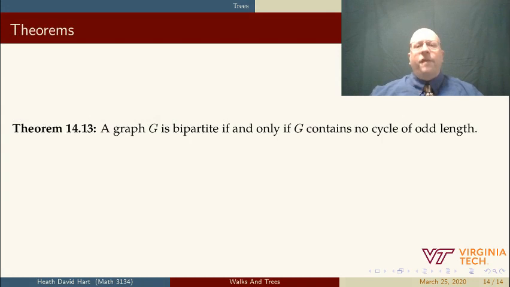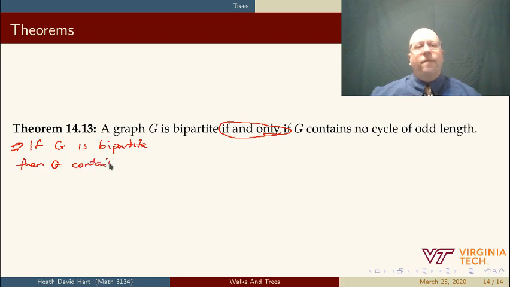We have a theorem that says a graph is bipartite if and only if the graph contains no cycle of odd length. So this is an if and only if proof, so we have to do two directions. One we have to show is if G is bipartite, then G contains no cycle of odd length.